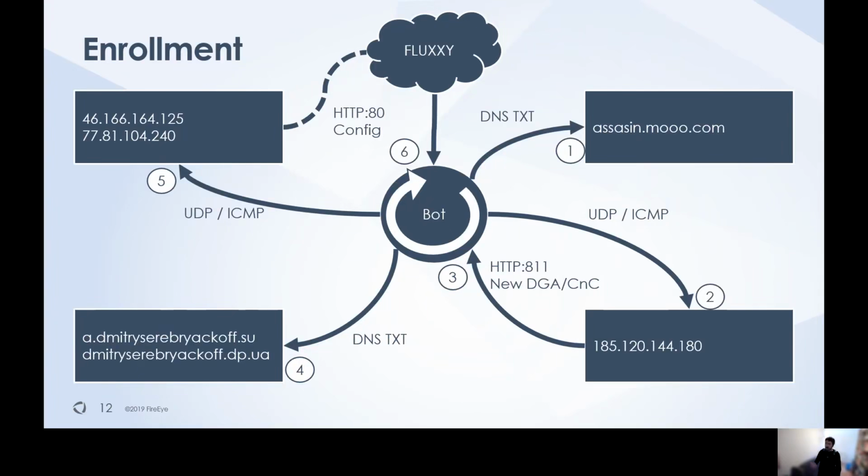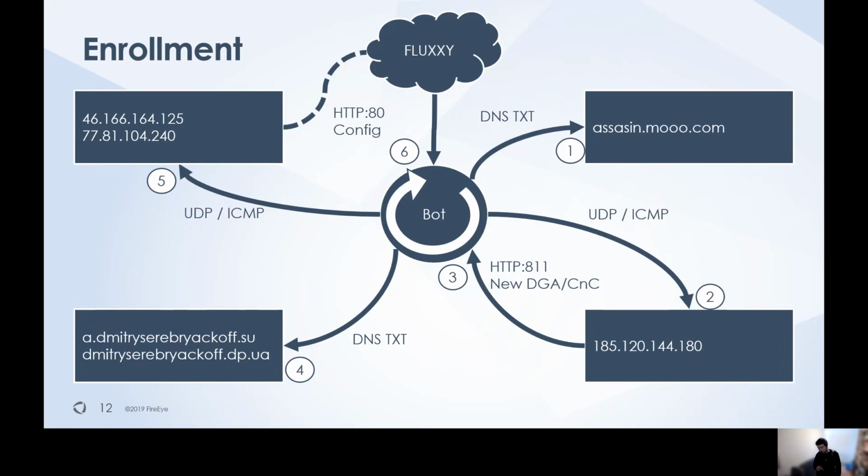So again, what you have to do when you track adversary infrastructure and there's a new deployment of a binary, you need to reverse it and to understand again the protocol. So what they did here is that they really improved that enrollment process. I told you about that part where they promoted nodes to Fluxxy, and now they have additional checks once in production.